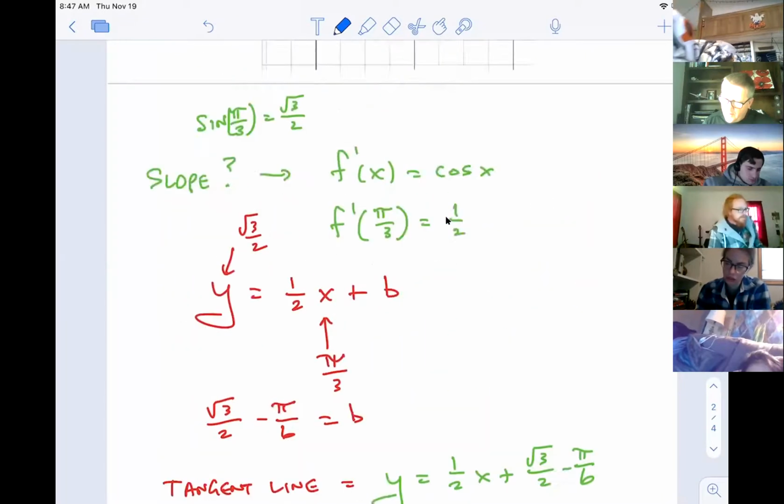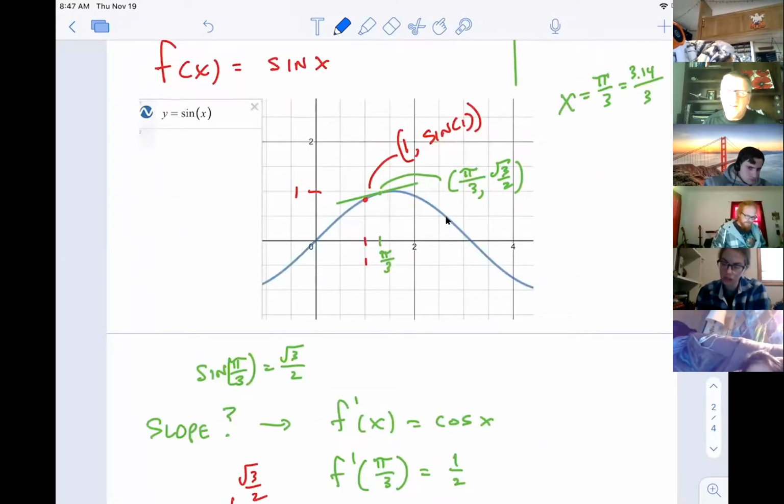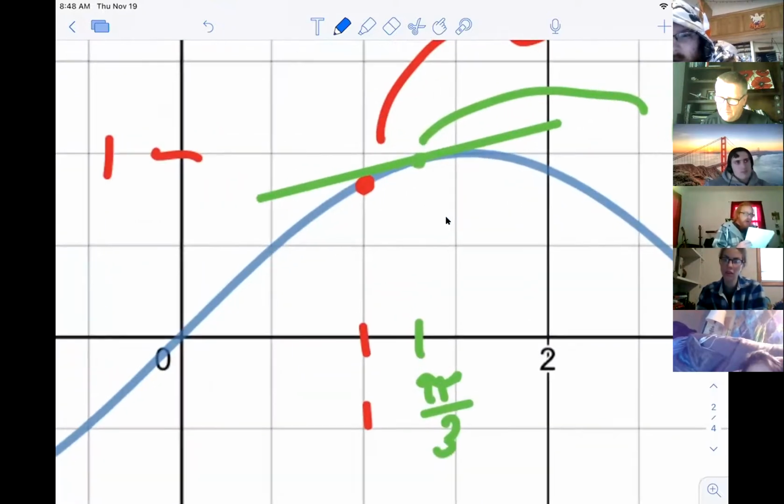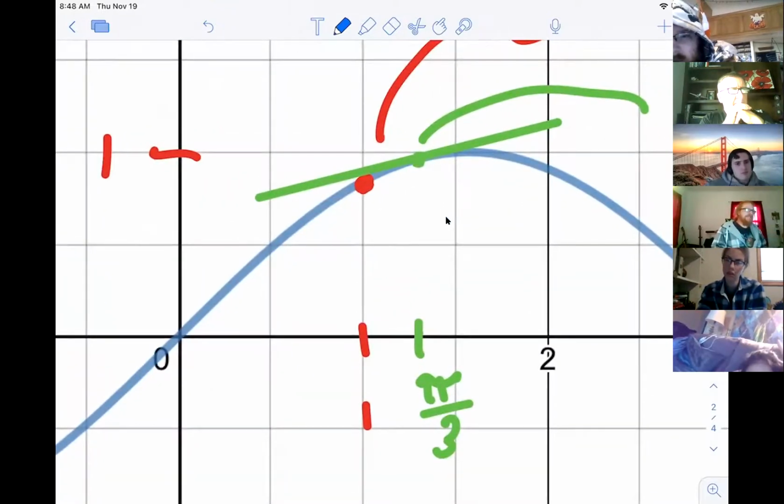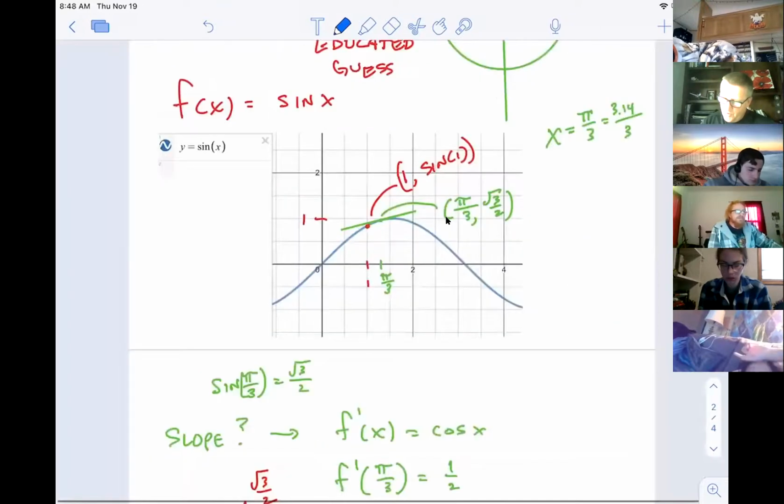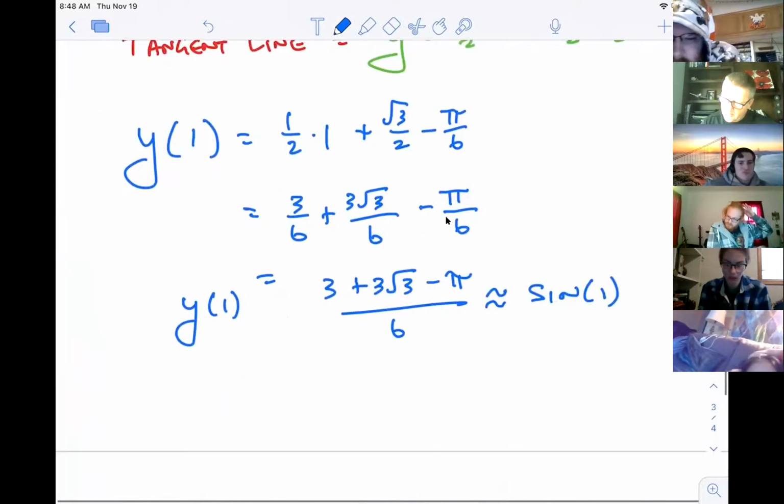And based on the graph, is this high? Is my estimate there high or low? In this case, again, my green line is above the blue. And so I actually know that this is high. This is a high estimate.